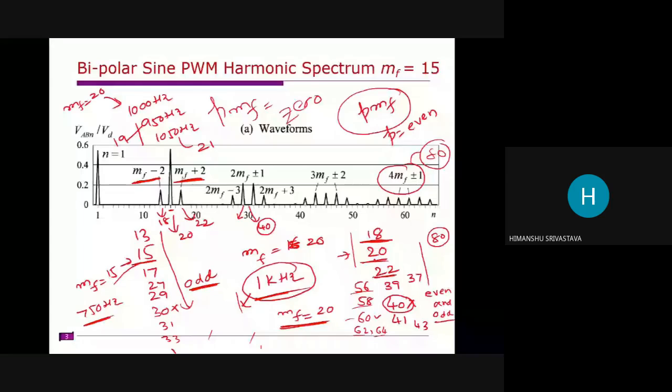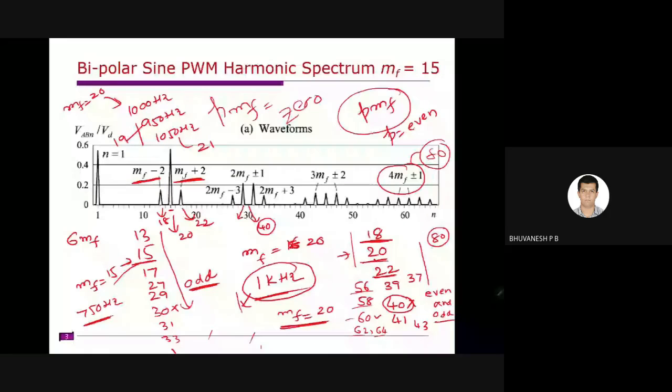Clear? I have a doubt, sir. Suppose it is 6 MF, the harmonics will be up to plus or minus 7.